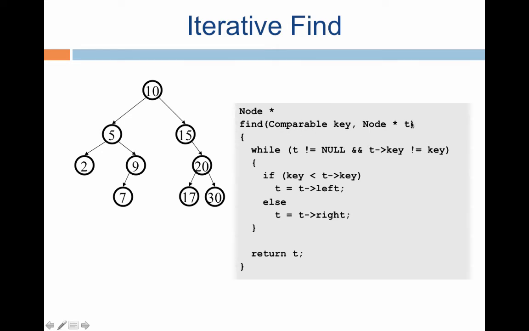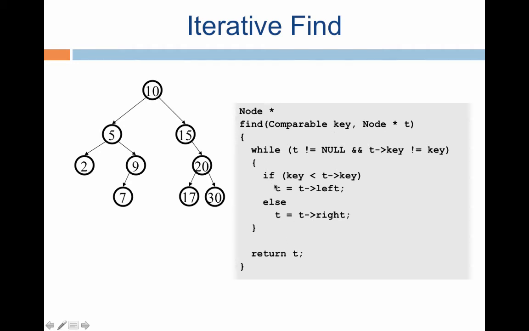T is a pointer to the tree. You explore the tree guided by the key. So what does it say? If t is not null and t pointer dot key is not equal to key, that is, at the current node you don't find the key you're searching for, then if key is smaller, you go down and search to the left. Otherwise, you go to the right and search, and return t.